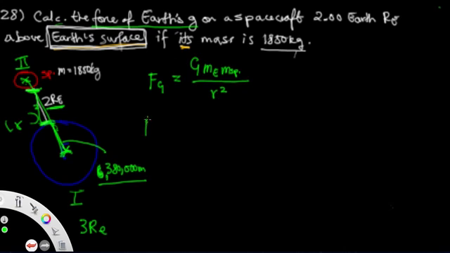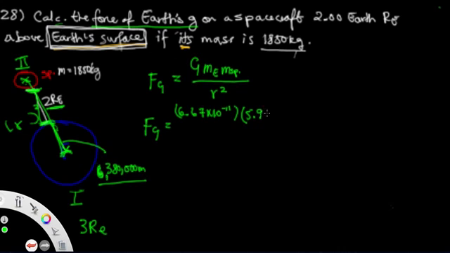If we were to plug and chug all of the values we do have, we know that the gravitational constant is 6.67 times 10 to the power of negative 11. For the sake of space, I will not write out the units. The mass of the Earth: once again, usually they'll provide you with that information, but for this case, since I don't have it written out anywhere, I will give you that information.